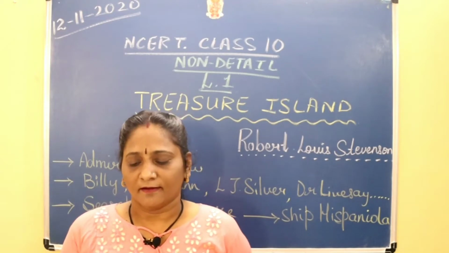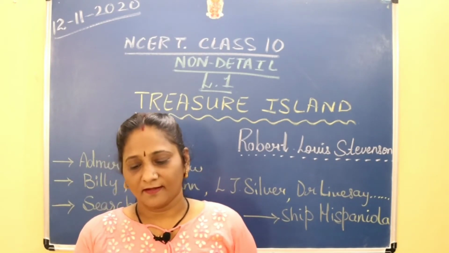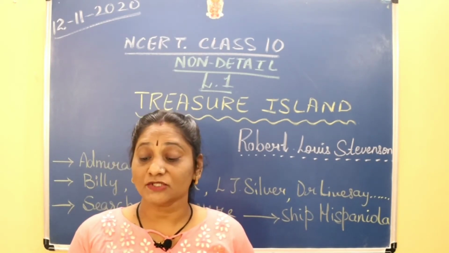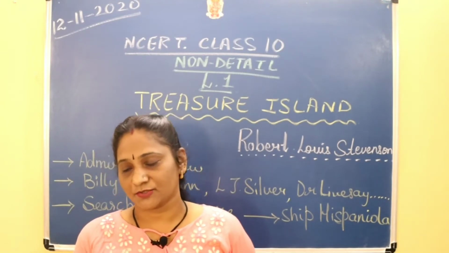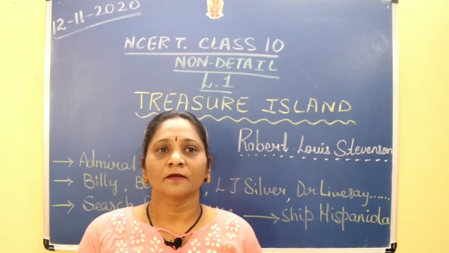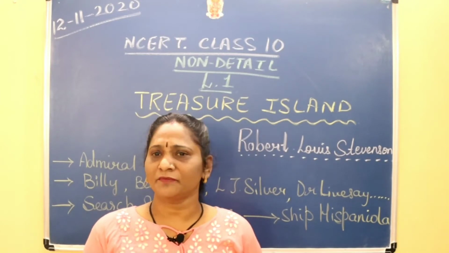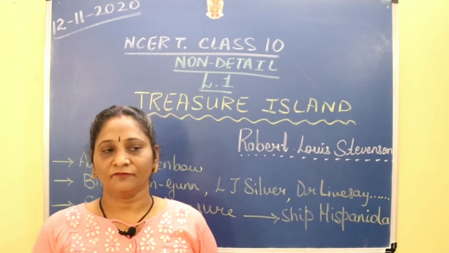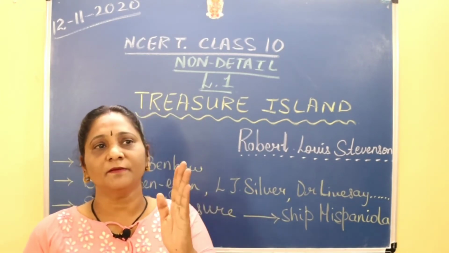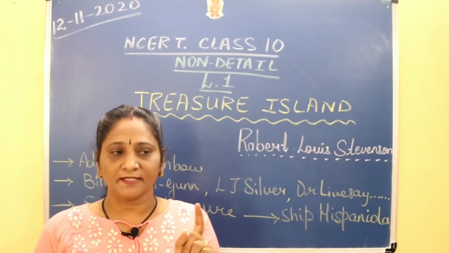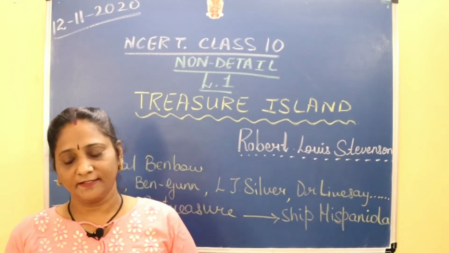So this Billy, a wizened old seaman, came on an ice-cold winter's day. So it was the season of winter. This man came when it was too cold. He came to this Admiral Benbow Inn, which was situated in the west of England.